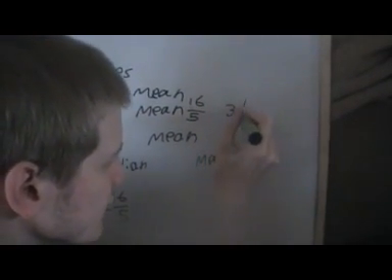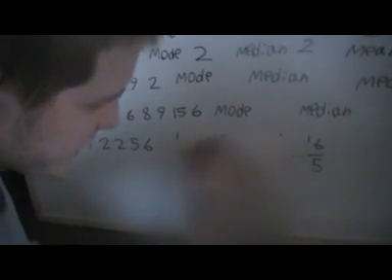You can also write that as 3 1/5 if you like. So that's the first example. All I did was I used what it tells you to do up there.